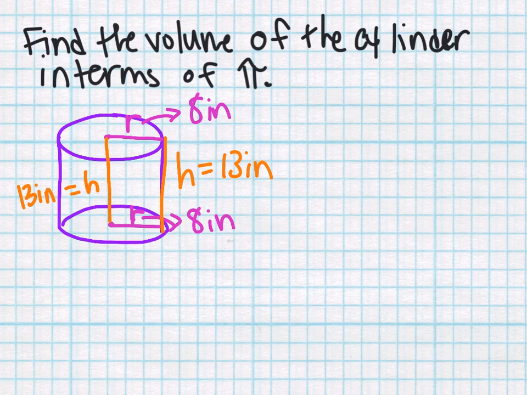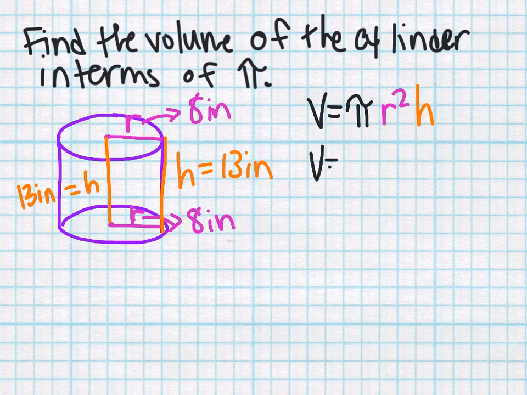So I need to write down my volume formula for a cylinder. Always got to write the volume formula down before we start. So volume formula for a cylinder. Volume is equal to pi times r squared times h. And I went ahead and color coded it for us. So pi, we're not going to mess with it because we want our answer in terms of pi.